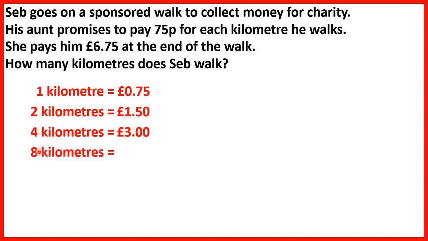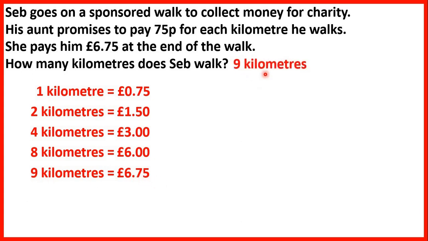Double that again, 8 kilometres will be £6, and then to get to £6.75, we just need another 75 pence, so that's 1 extra kilometre to make £6.75. So that means that Seb walks 9 kilometres altogether.